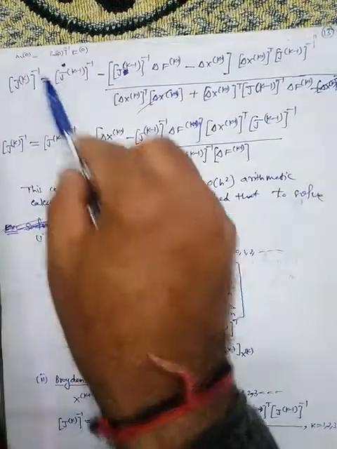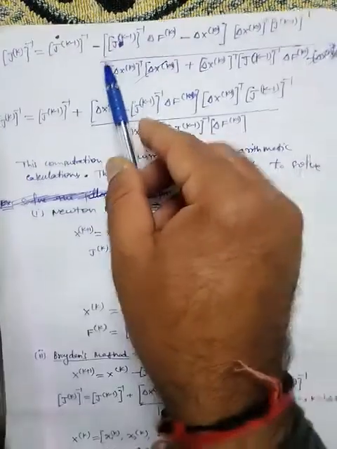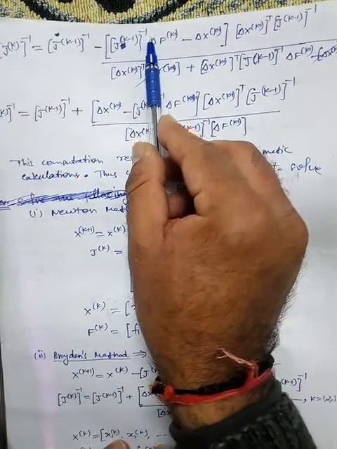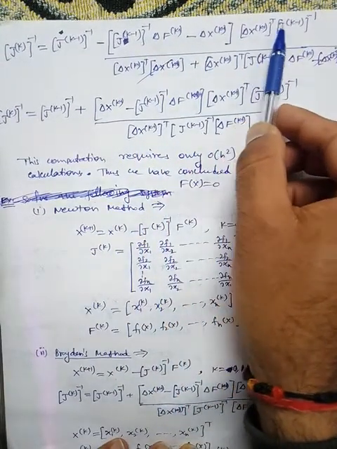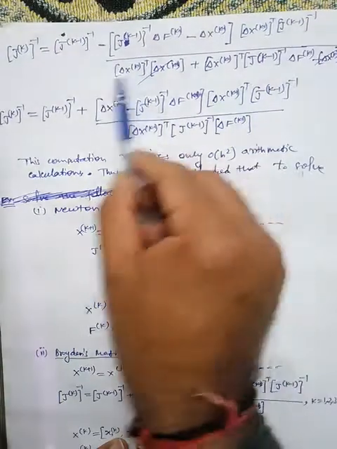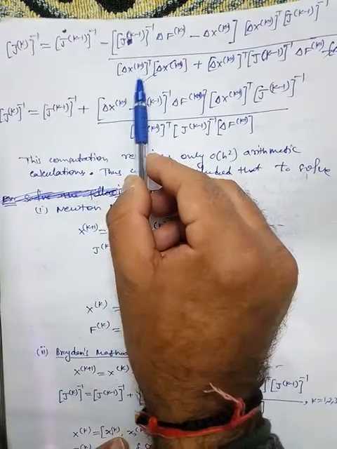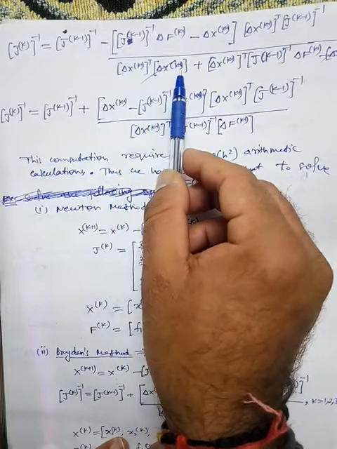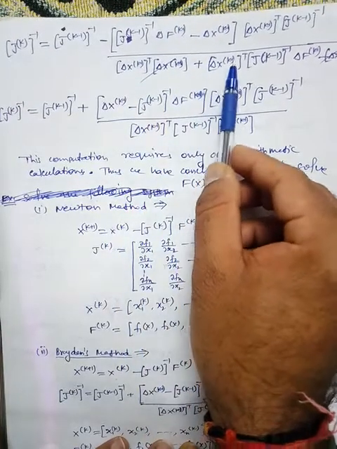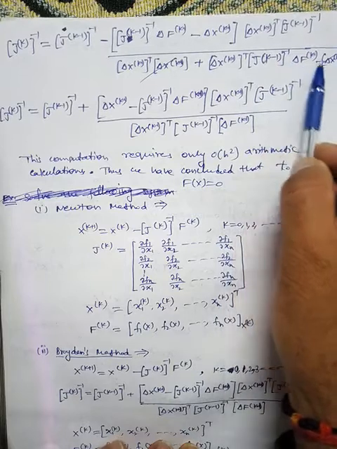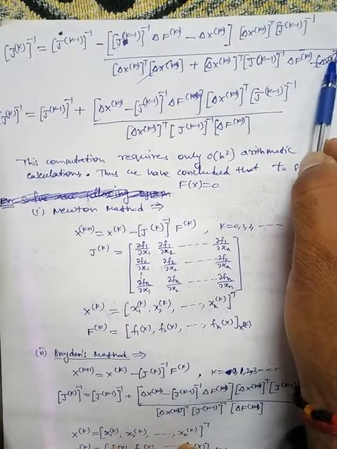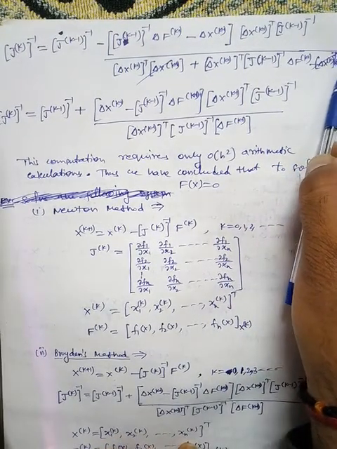So Jk inverse is equal to Jk minus 1 inverse minus Jk minus 1 inverse delta fk minus delta fk delta xk minus 1 transpose Jk minus 1 inverse, divided by delta xk minus 1 transpose delta xk minus 1 plus delta xk minus 1 transpose Jk minus 1 inverse delta f of xk minus delta xk minus 1 transpose into delta xk minus 1.